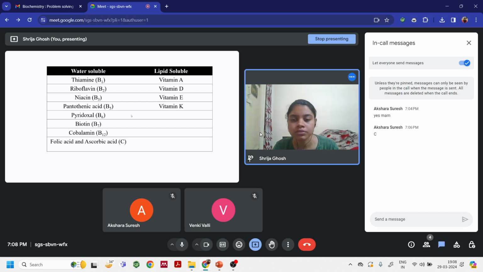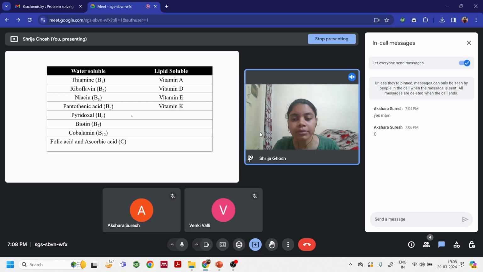So we'll see in the subsequent questions how each vitamin is converted into a particular cofactor and how those cofactors are actually helpful in catalyzing an enzymatic reaction.